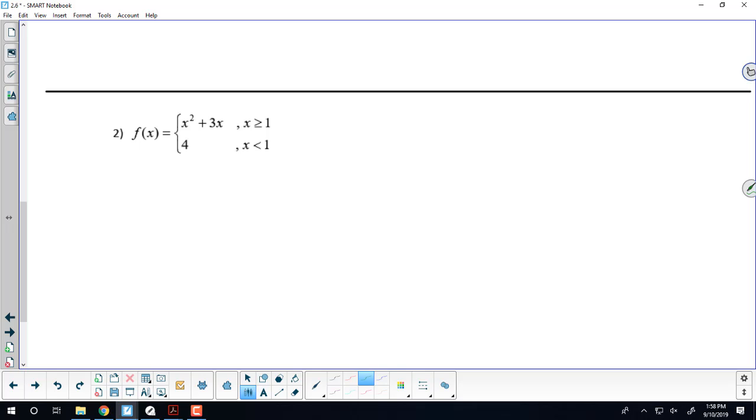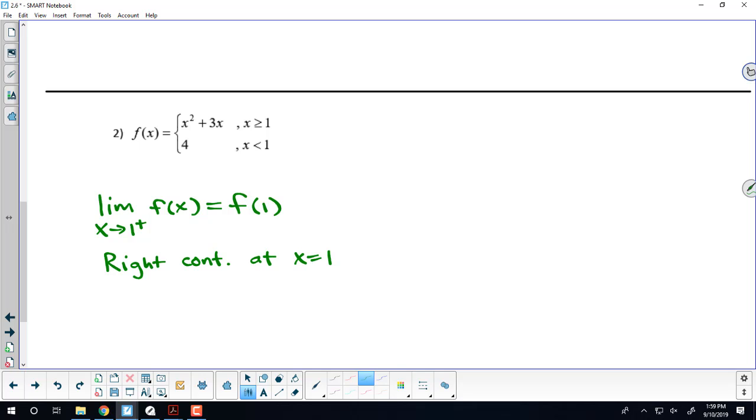So the limit as x approaches 1 from the right on this function is equal to the function value at 1, so it's right continuous at x equals 1, i.e. the interval of continuity would be what?